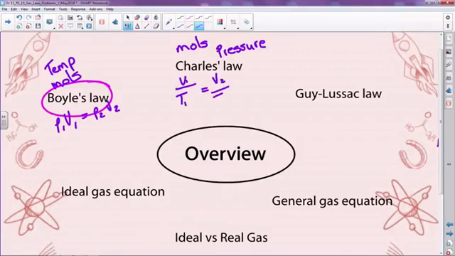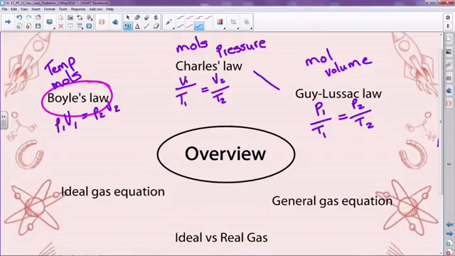From that, we get V1 over T1 is V2 over T2. And then the third one, Gay-Lussac's law. Again, he kept moles constant, and this time he kept volume constant. What he was able to do was show us the relationship between pressure and temperature.